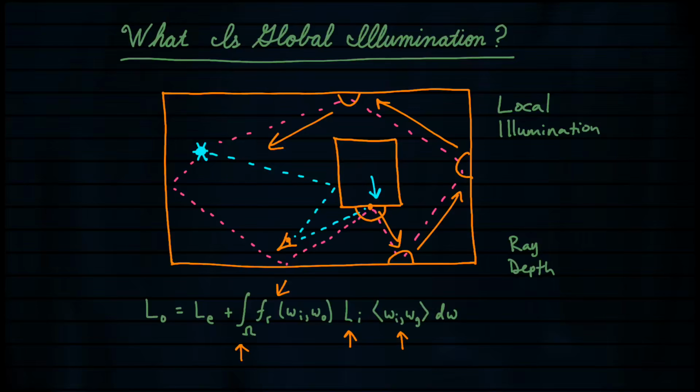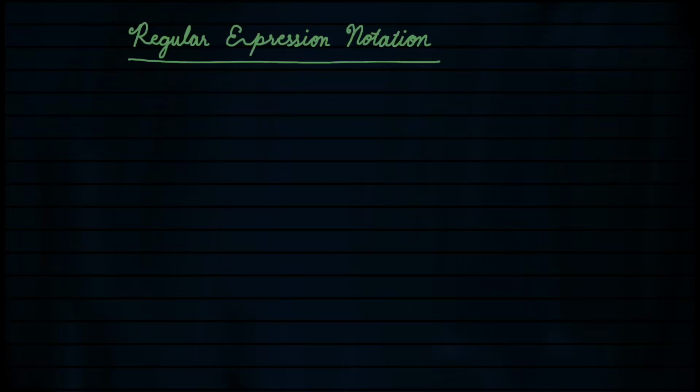So one thing that's handy when we're talking about global illumination is to talk about what these different light paths are. And to do that, we use what's called a regular expression notation. Regular expression notation was introduced by Paul Heckbert in about 1990, and the idea is we use some symbols like E for eye and L for light.